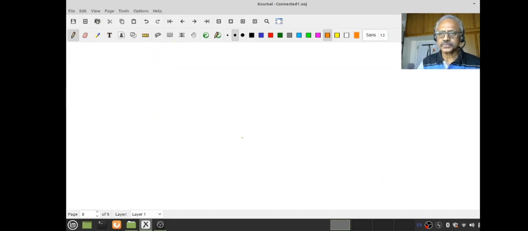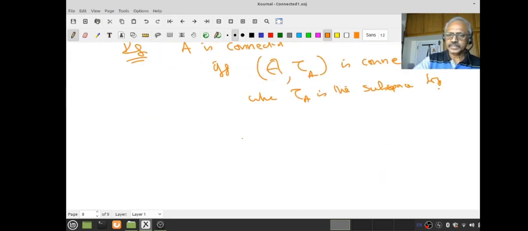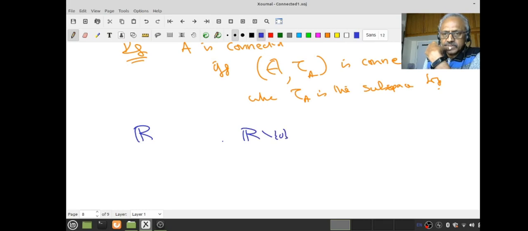Let me go through. Okay, now let's look at R. Let us say the union R minus singleton 0, usually called R star, the set of non-zero reals. This is a subset of R. Is this connected?